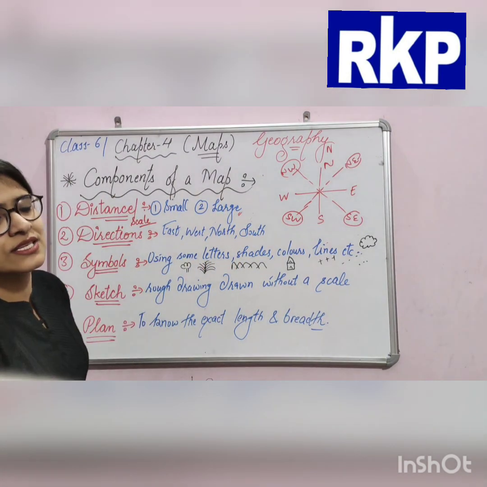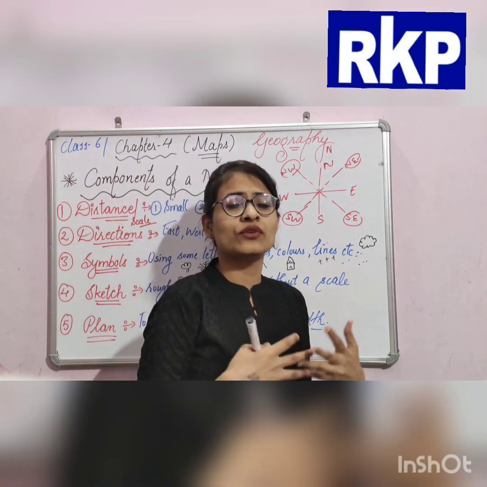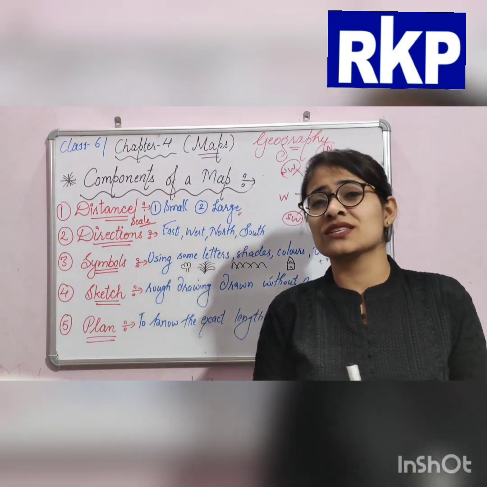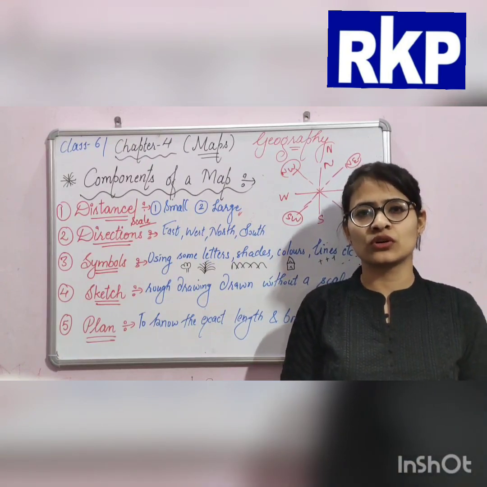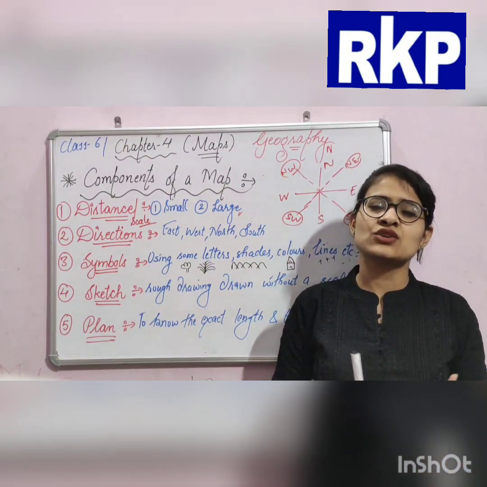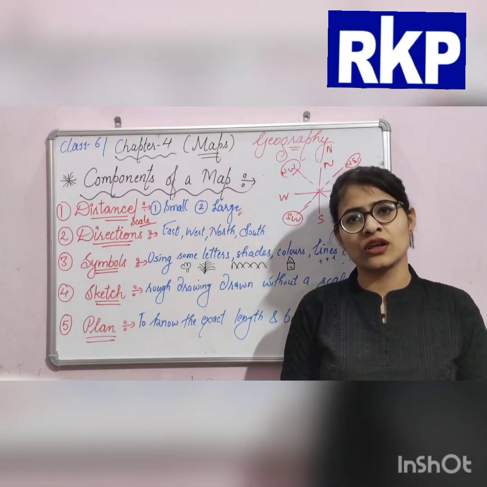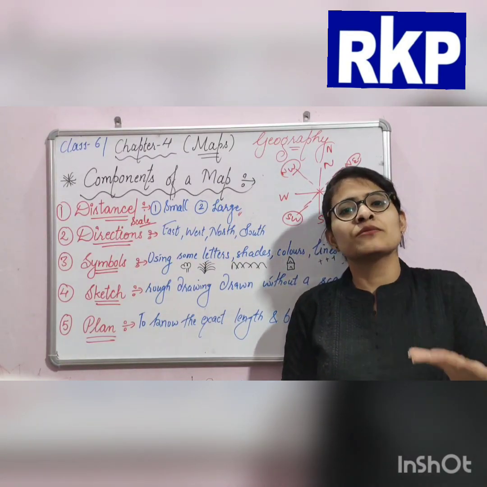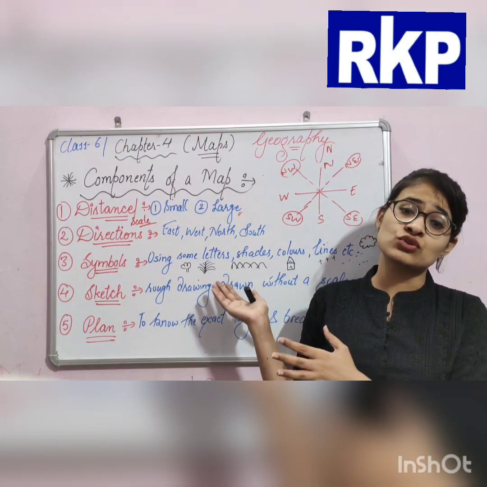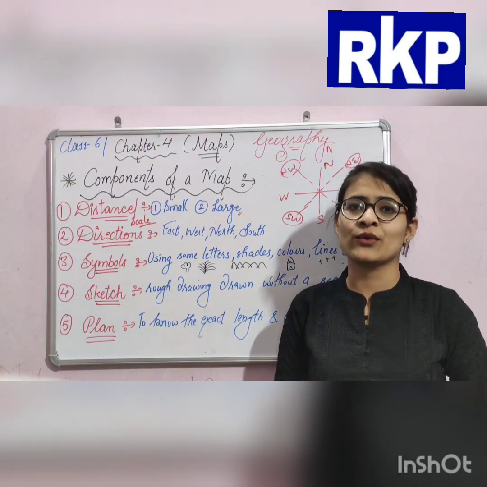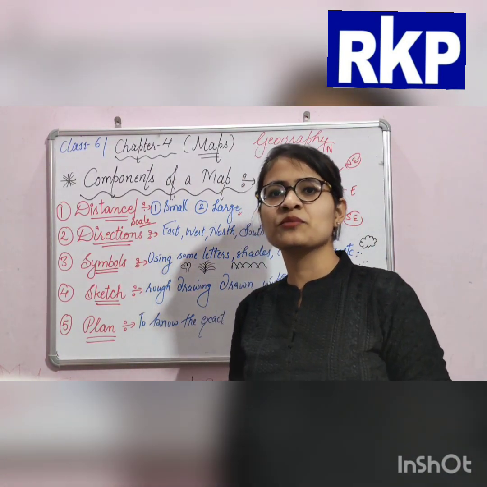Now next we are discussing the language of the map. What is the language which is known all over the world? A map has a universal language that can be understood by all. And what is its language? The symbols which are used to read out this language are called conventional symbols.